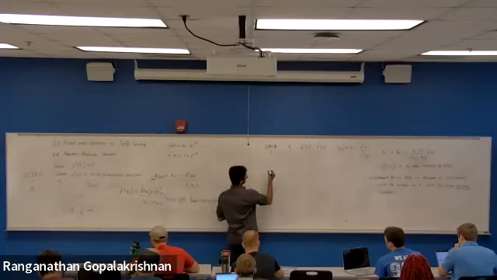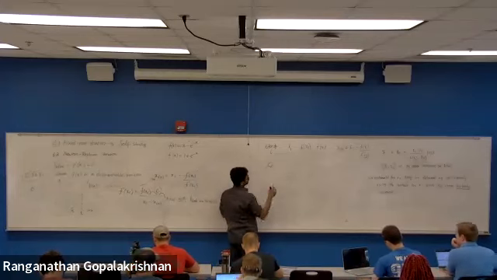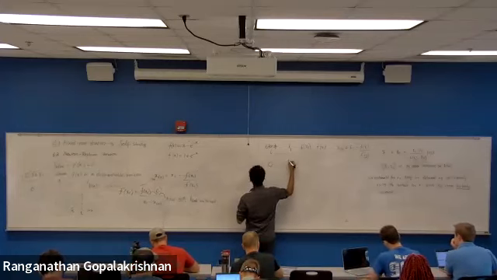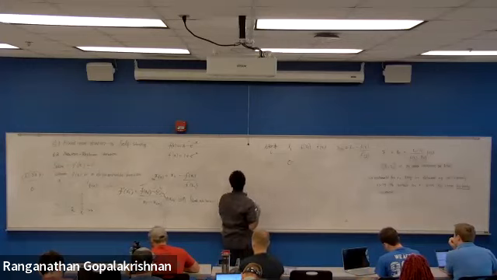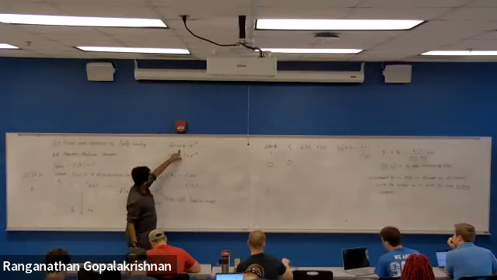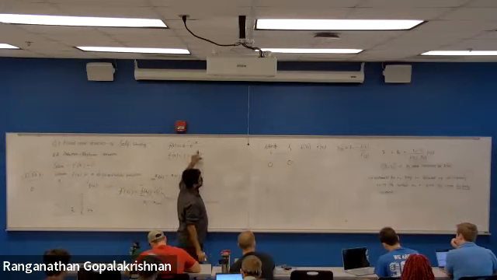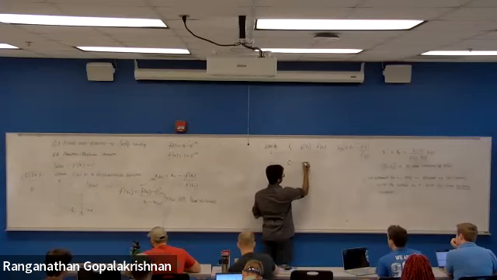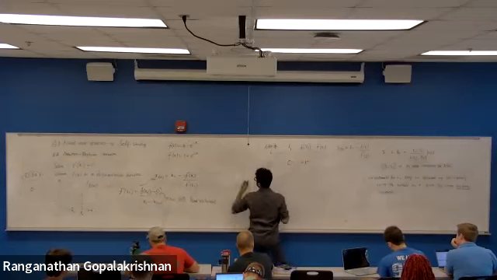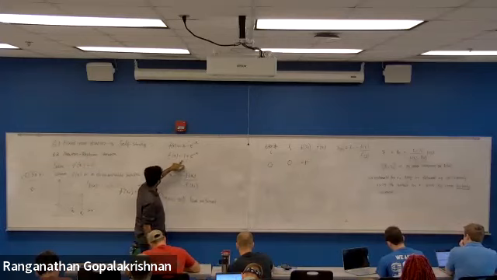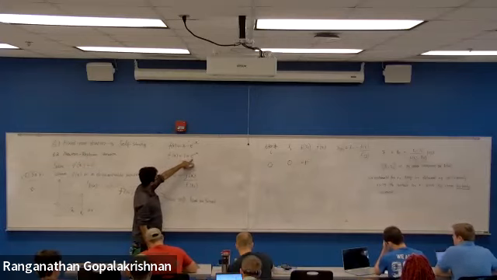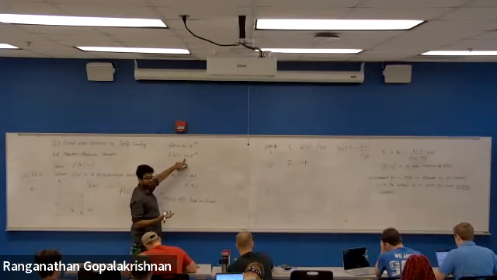So my guess value, 0th iteration, I'm going to guess it to be 0. What is f of 0? f of 0 is minus 1. What is f dash of 0? Put 0 here, I get plus 1, right?